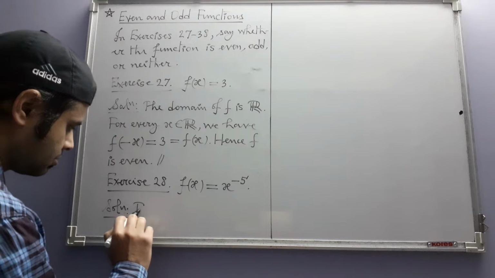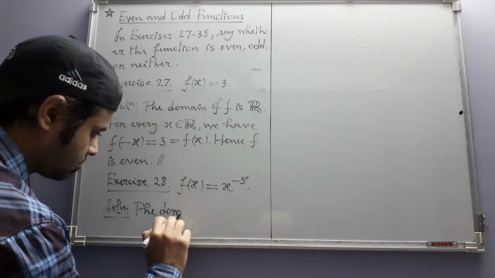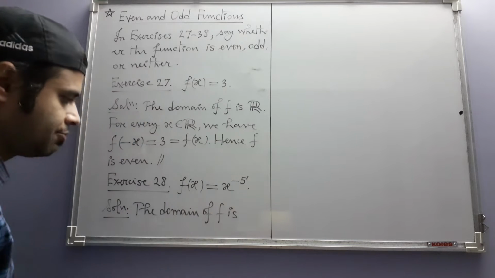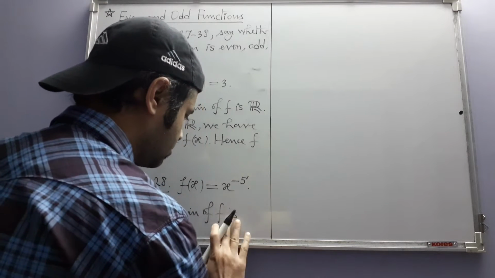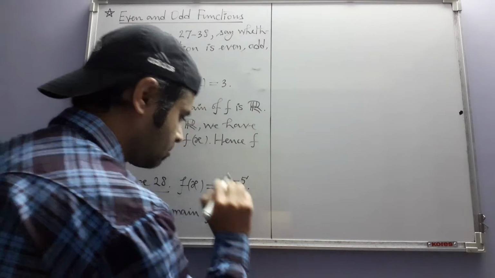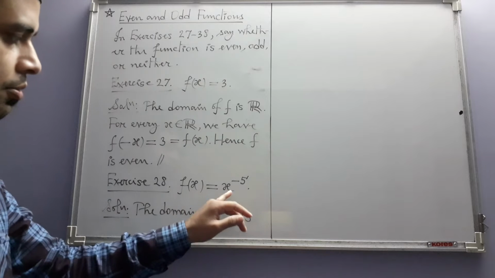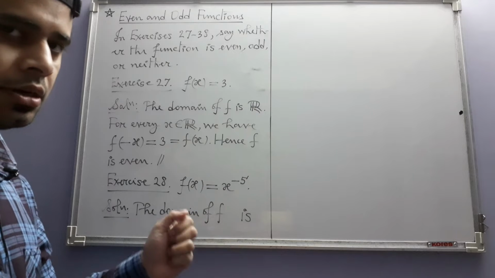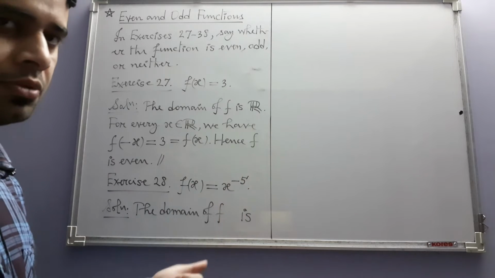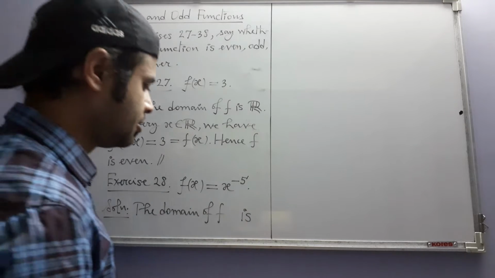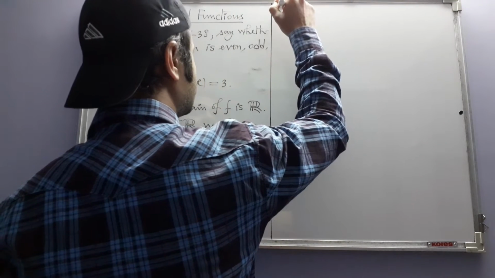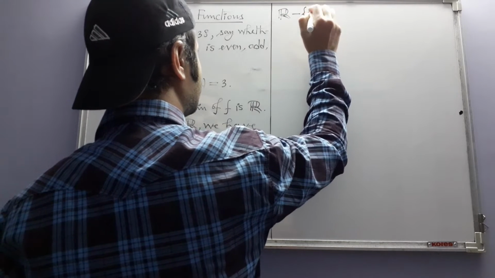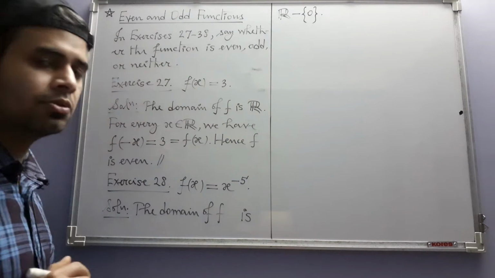So in this case the domain of f is, we can put every real number except 0, because we have x to the power 5 in the denominator in this expression for the function, if you write it as 1 over x to the power 5. So the domain is the set of real numbers from which 0 has been removed.